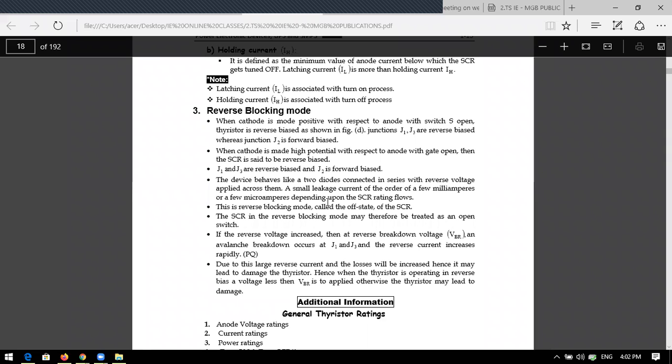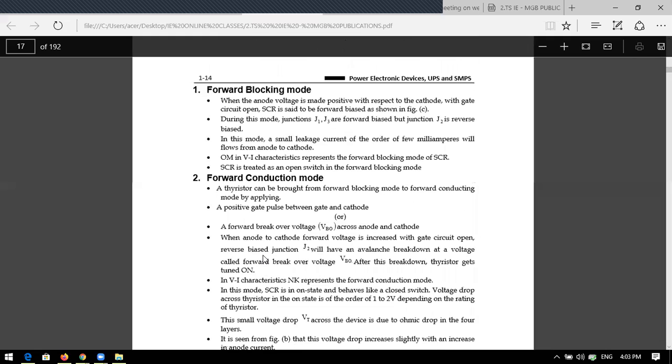If the reverse voltage increases to some voltage, you can call it VBR or VRBD, the reverse breakdown voltage. When it reaches that voltage, a large amount of current will flow through the thyristor circuit, and that will damage the device.